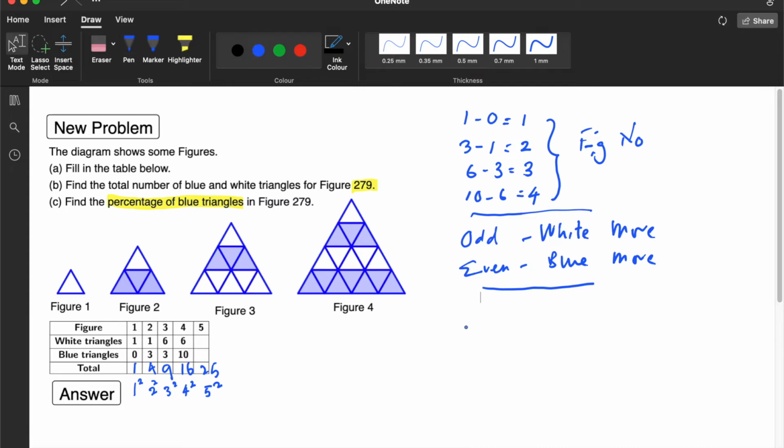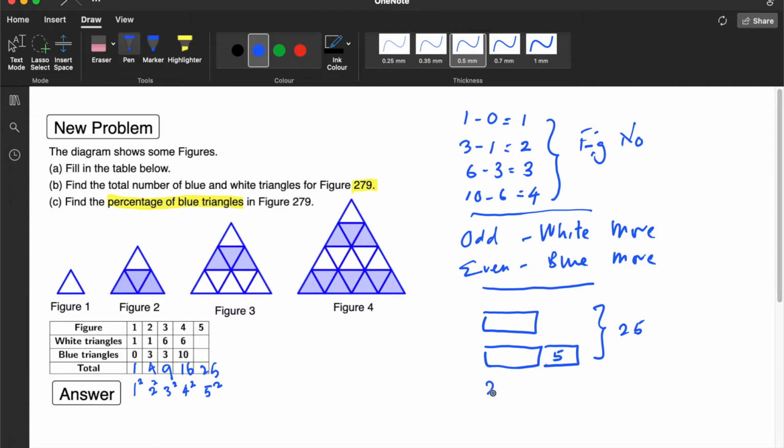Okay, so with this knowledge, we can now fill up this. We know that the difference between the white and the blue will be equal to 5. So how do we solve? This can be done quite easily. Let's draw our model. 1 unit, then the other unit will be 5 more, and then the total is 25.